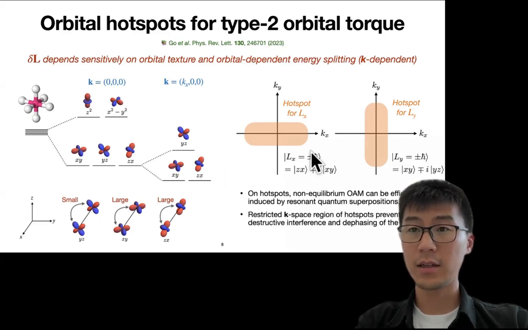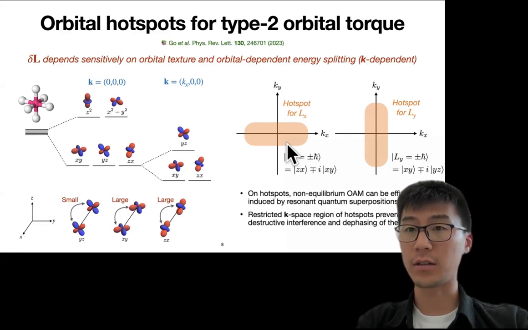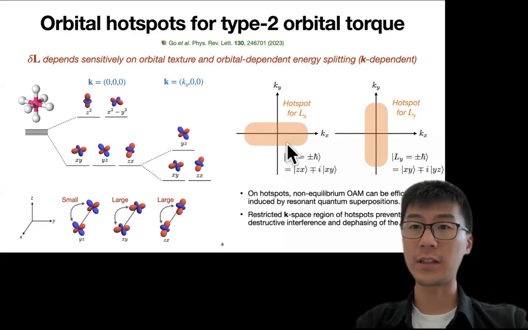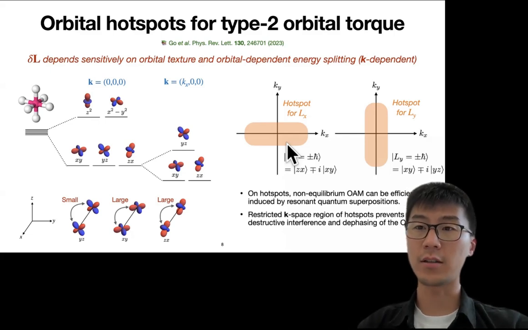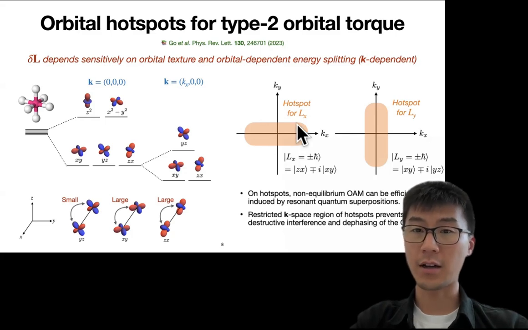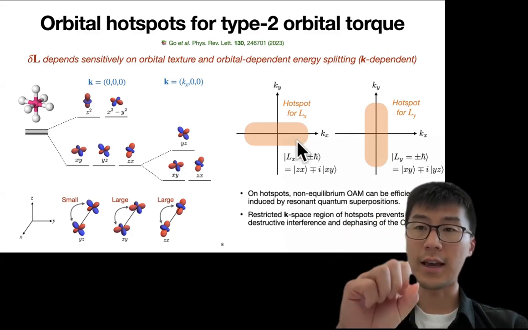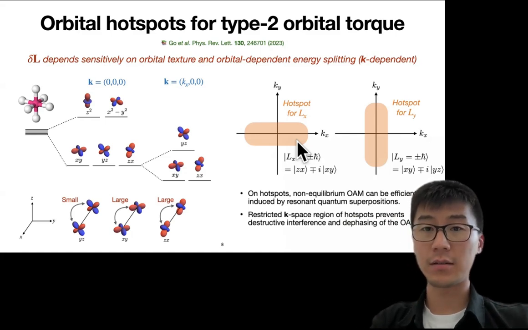And the second, because electrons are so much confined in K space, there's not so much destructive interference of different Bloch vectors K. For spin, usually in ferromagnets, this destructive interference of all the Fermi electrons will lead to very short decay lengths of spin. But for orbital, because it's governed by the hotspot electrons in a small zone in K space, this dephasing is quite prevented.